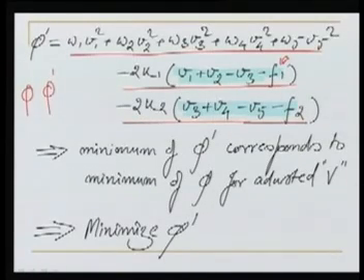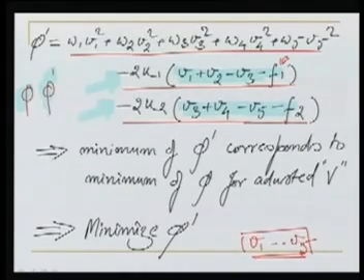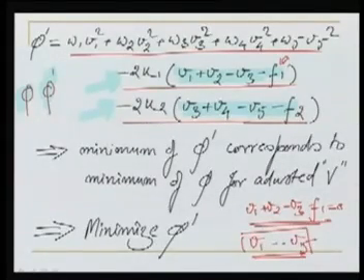So instead of phi, I have introduced phi dash by introducing these two new terms. If my observations are adjusted, that is, if we have determined V1 to V5 for adjusted observations, then V1 plus V2 minus V3 minus F1 should be equal to 0.